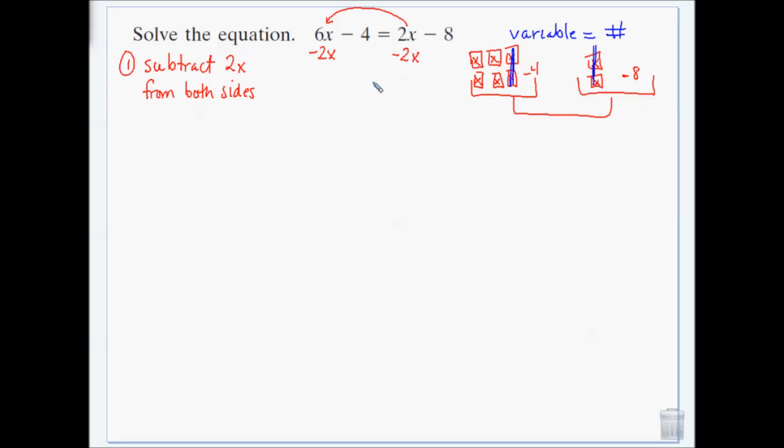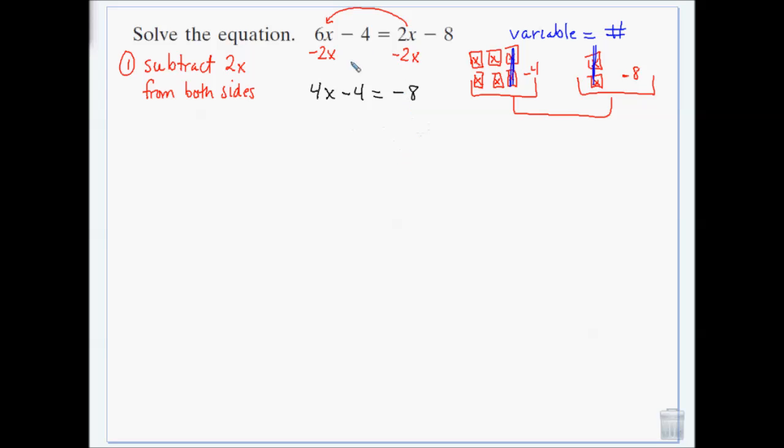So I'm isolating the bags, so I can try to get it down to 1, because I'm trying to get 1x alone. And by getting 1x alone, I'll know how much it's worth, because I'll have 1x over here and some number over here. And that tells me what the x is worth. Now again, this is a better visual when these are pluses.